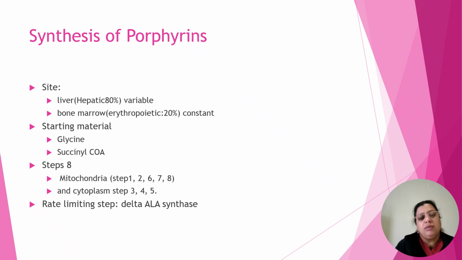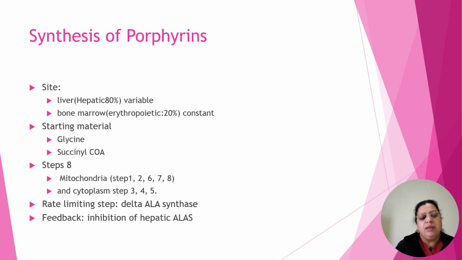Then we need to know about the rate limiting step. The rate limiting step is the step where there is the requirement of the enzyme delta ALA synthase. And this is the first step of porphyrin synthesis. This enzyme regulates the cycle. So it is mainly the delta ALA synthase from the liver which undergoes regulation and regulates the porphyrin cycle.